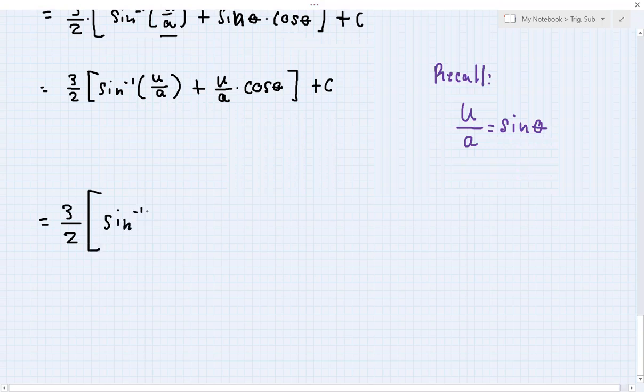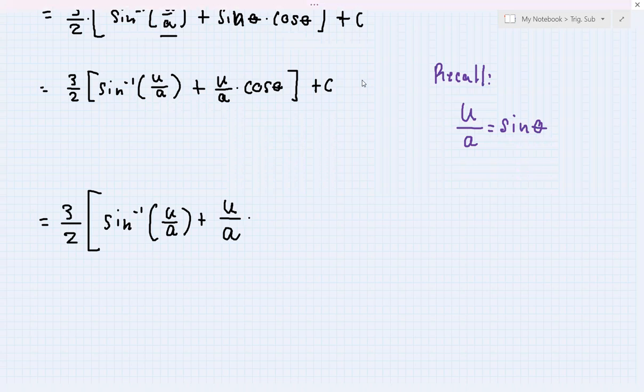So, paano naman kaya kapag si cosine theta? Okay. So, dito naman, kung mapapansin nyo, recall natin ha.